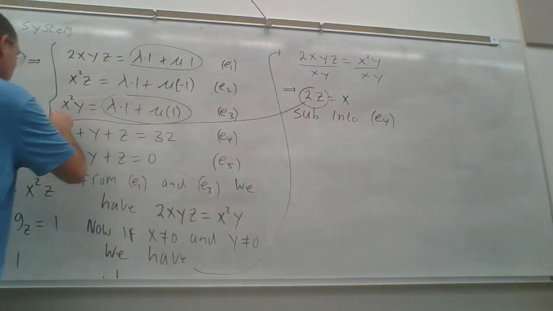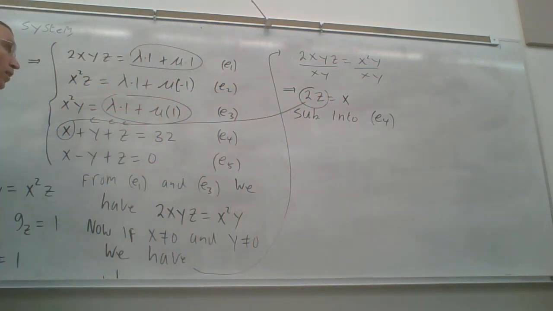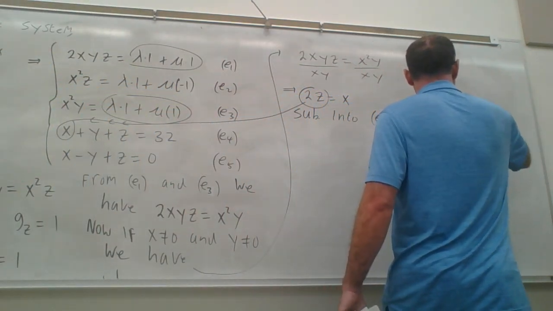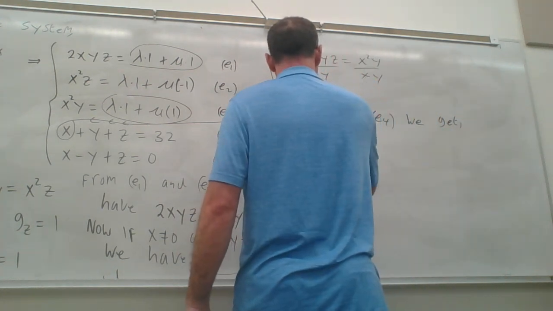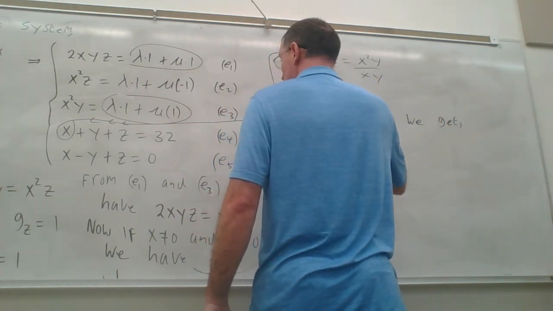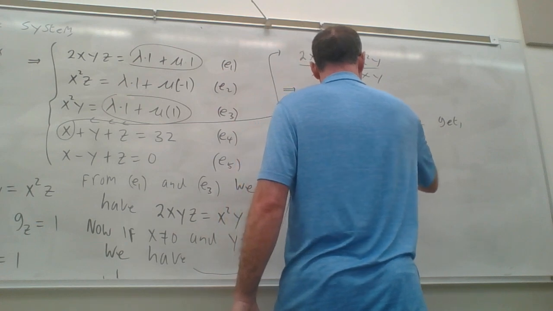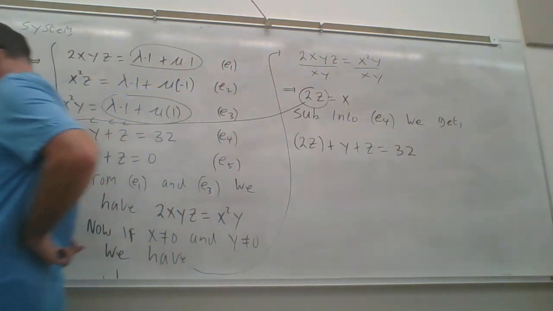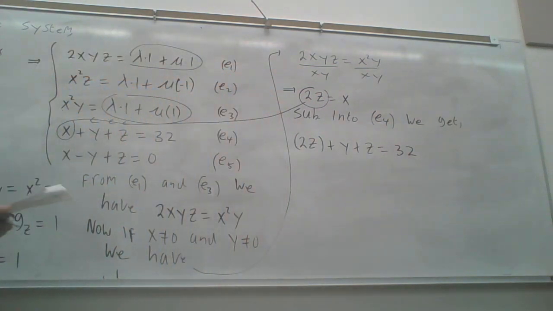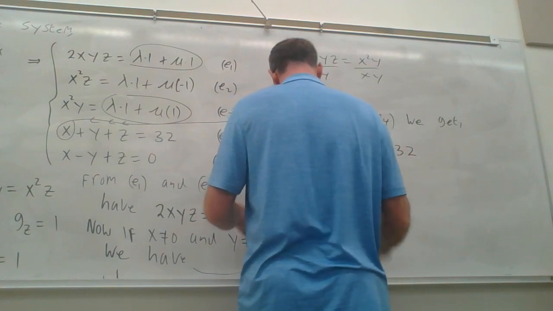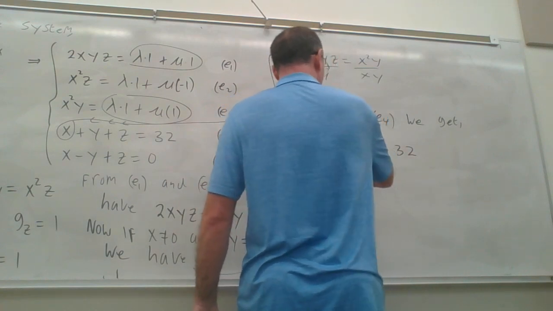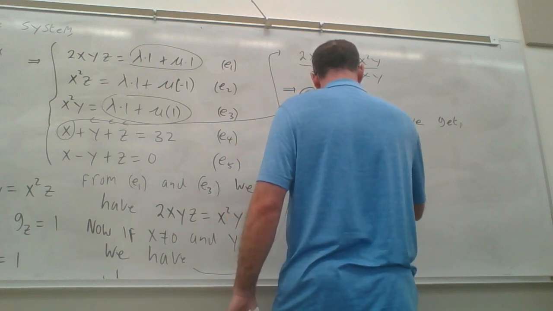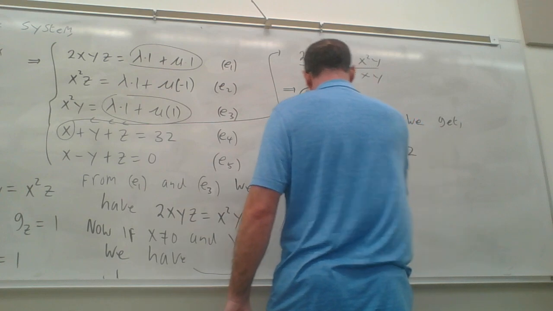So doing that we'll have then 2z in place of x, plus y plus z equals 32. So moving things around here, let's solve for y. So y then, combine the z's, bring it over there, would equal 32 minus 3z. So let's box that for now.